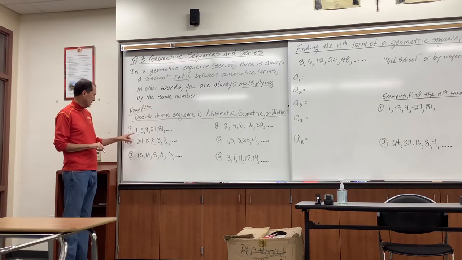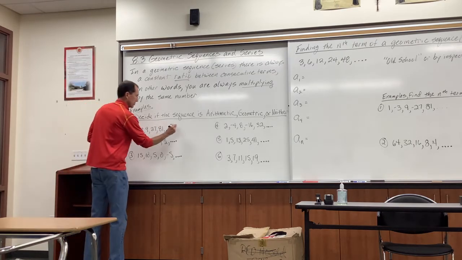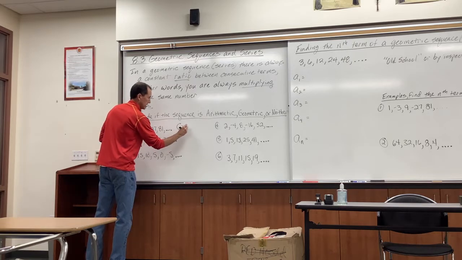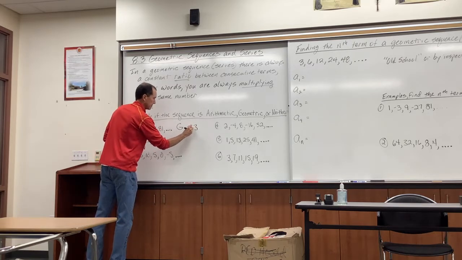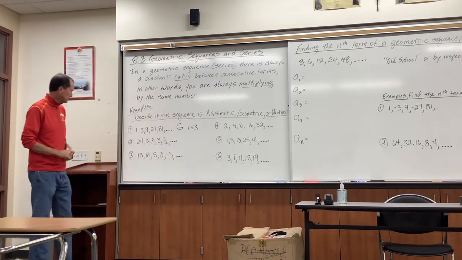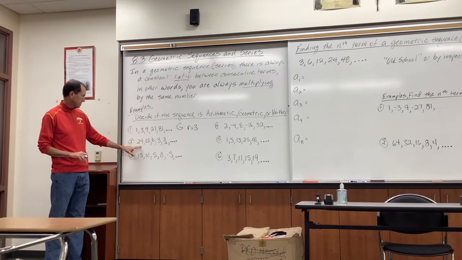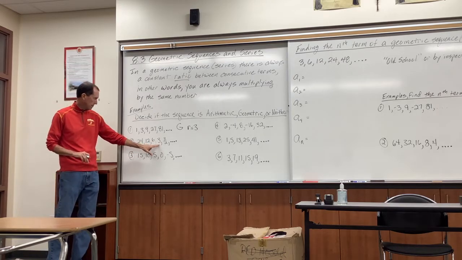Going through these pretty quickly, it looks like this one, you are multiplying by 3 each time. So you could say it is geometric, and you could say the ratio is positive 3. This second one looks like it's being divided by 2 each time. 24 divided by 2, 12 divided by 2, 6 divided by 2.